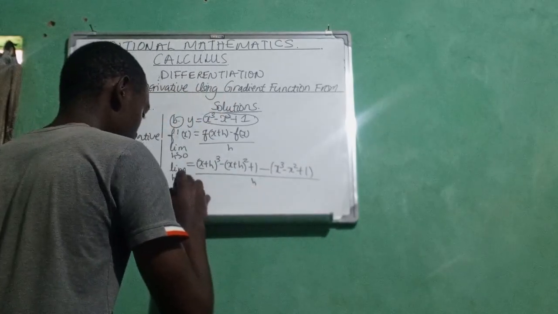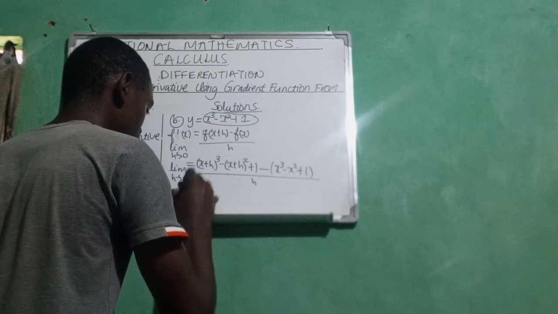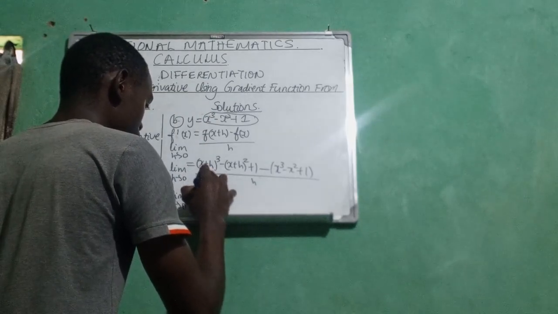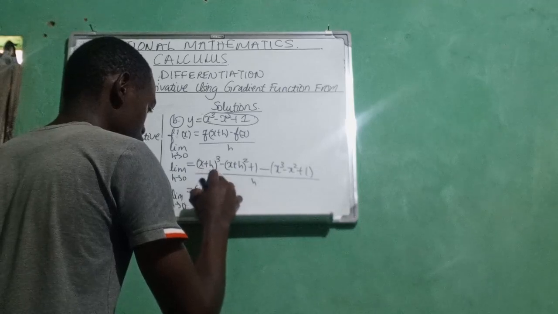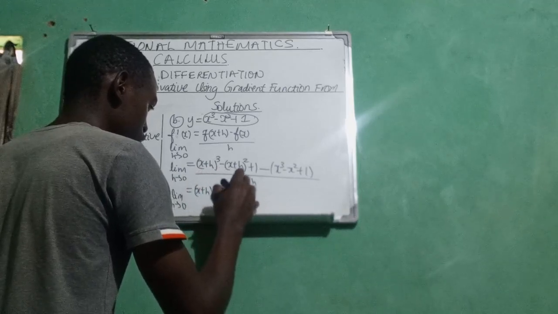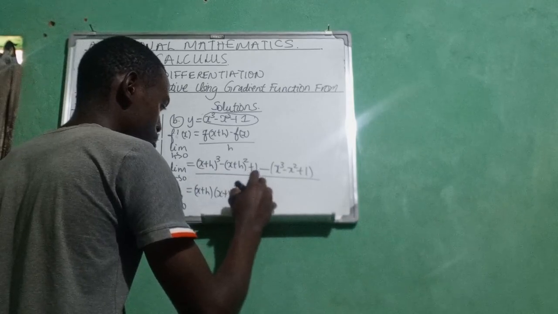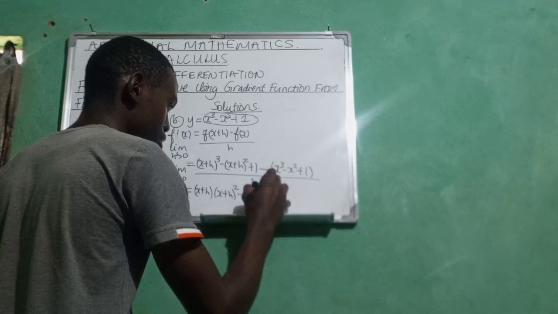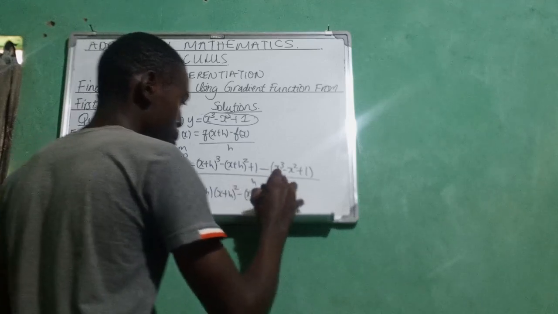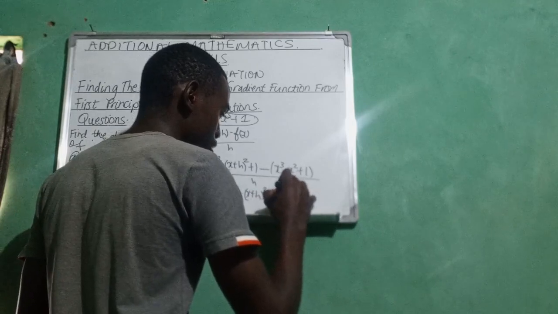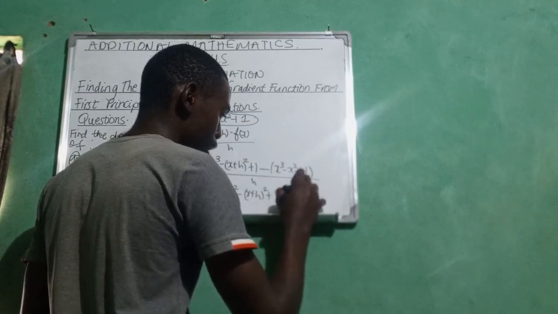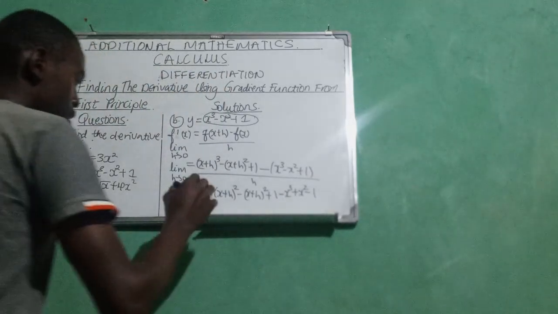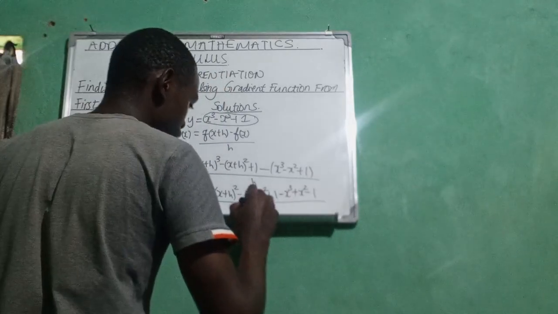We are still taking the same limit as h approaches 0. We can simplify here: x plus h cubed minus x plus h squared plus 1 minus x cubed plus x squared minus 1. Then we divide throughout by our h.